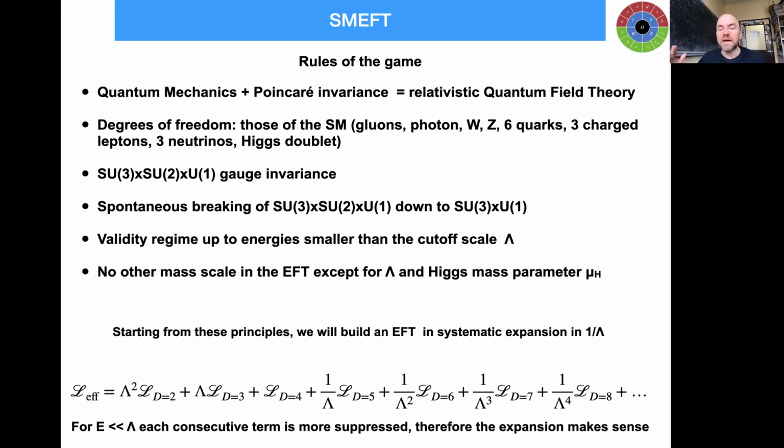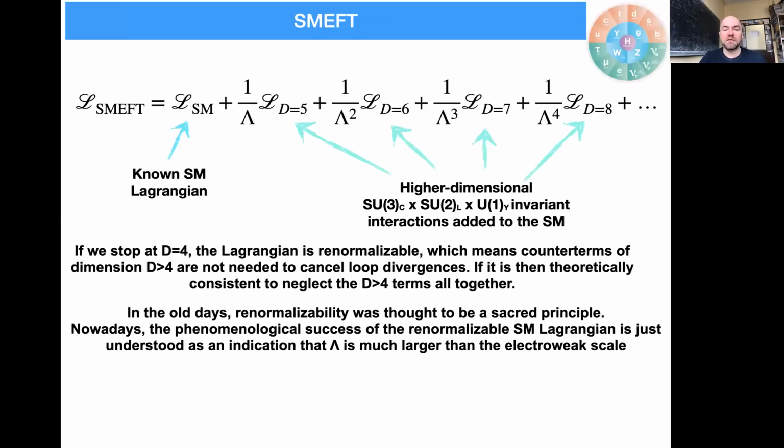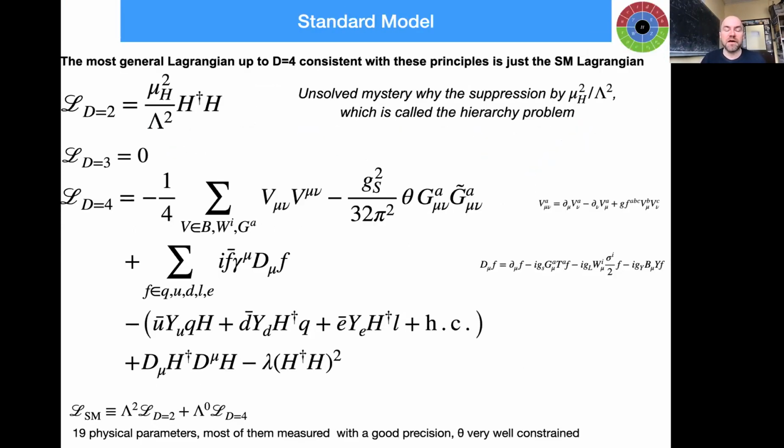And we think of this lambda in this context as some large scale, maybe 10 TeV, maybe 100 TeV, maybe even 10^15 GeV. But this expectation is not borne out, because we know from experiment that this term has to be much smaller than this large scale.